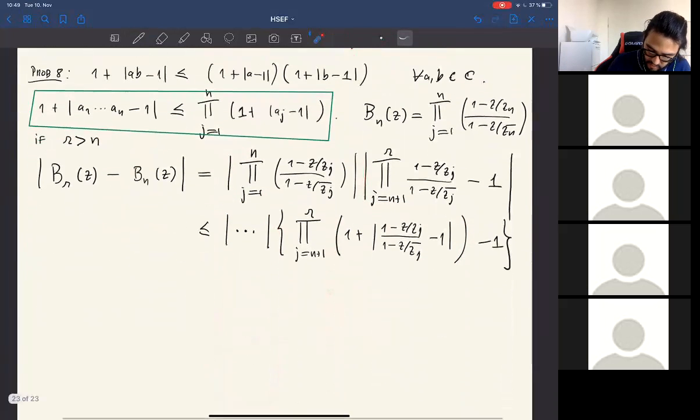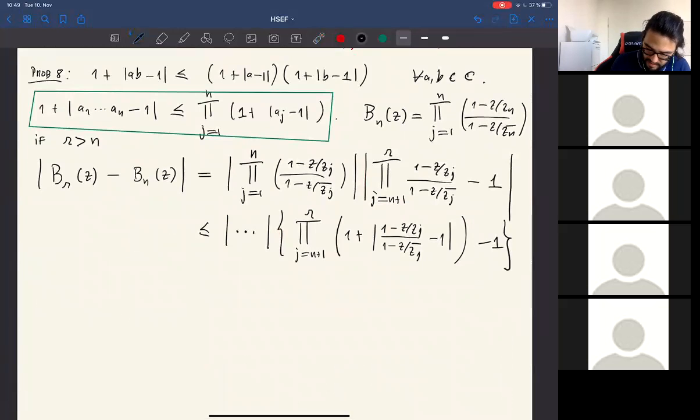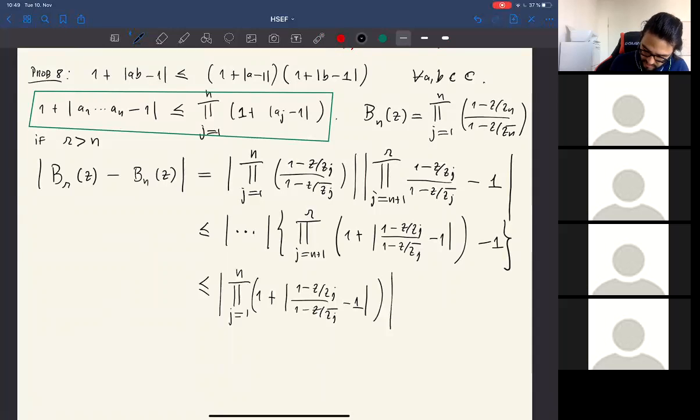Okay, and I have to put it in a way that resembles this term again. And the best way of doing this is just by saying that this thing is less or equal than. Now we write explicitly this term, and I could simply bound it by 1 plus this was the first term, and then we had the second here in brackets, product of j equals n plus 1 to r, and then whatever it is in here minus 1.